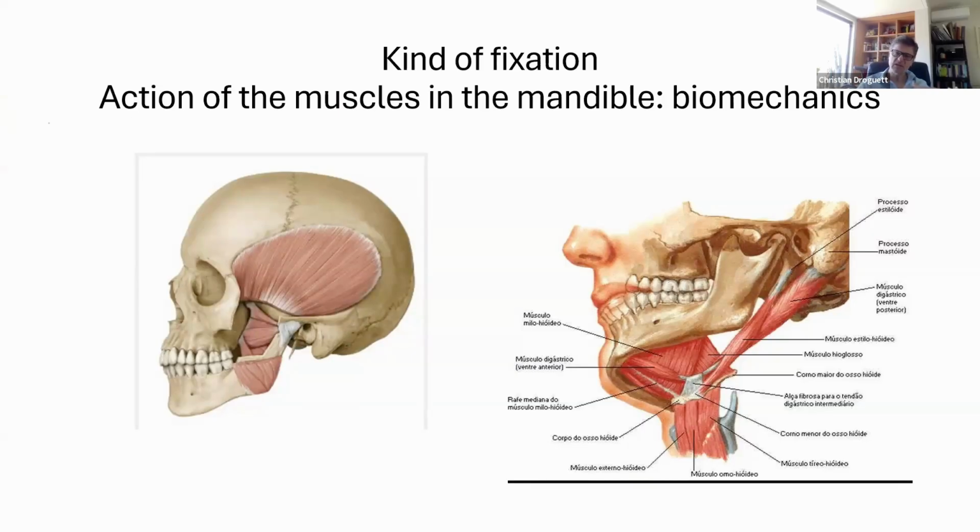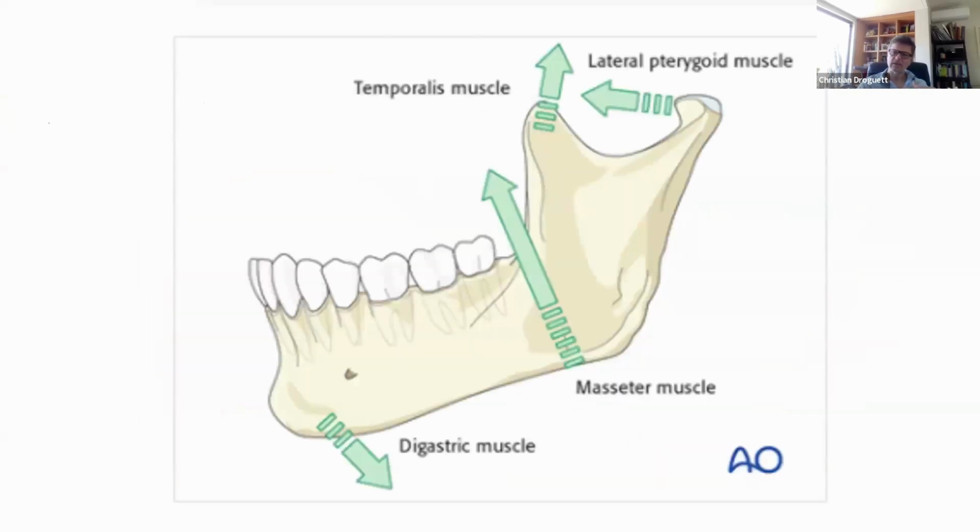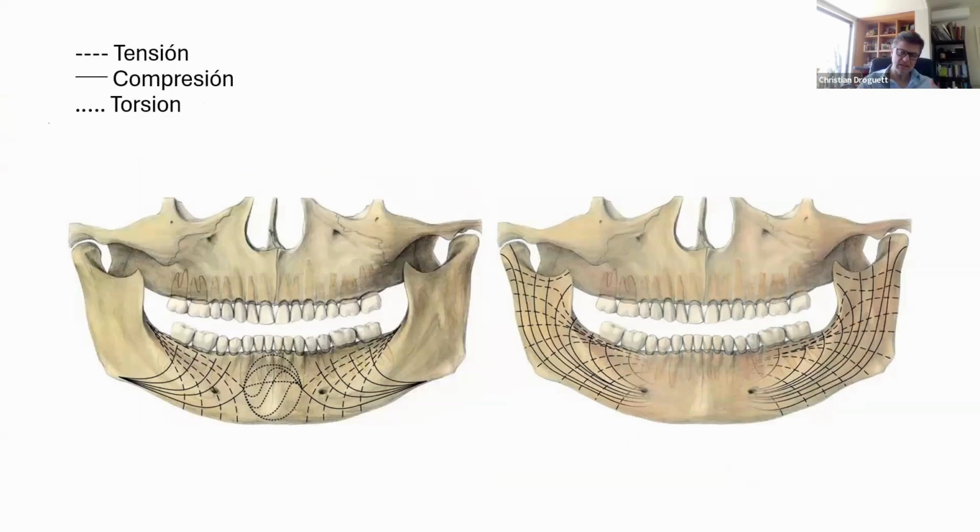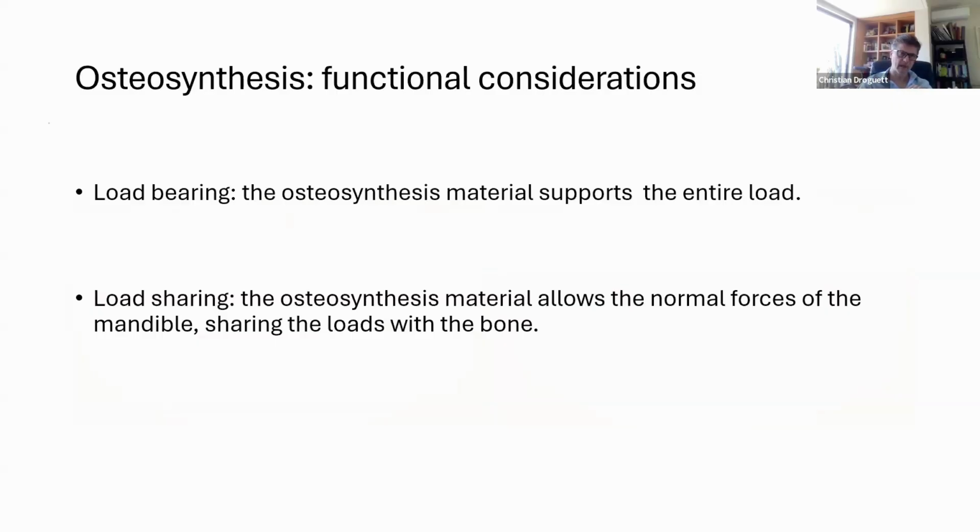And these muscles will provoke forces in different directions in different areas of the mandible, making these different forces like tension forces, compression forces, and torsion forces in different areas of the mandible that will make it very complex to take into consideration at the moment of choosing our osteosynthesis material.